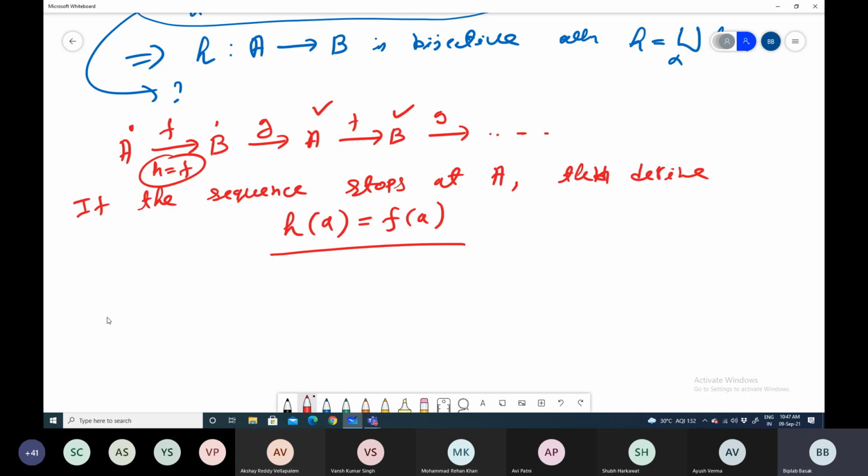Now suppose the chain stops at B. So this is the situation. Now how to define the map H in that case? Or you can say H alpha.